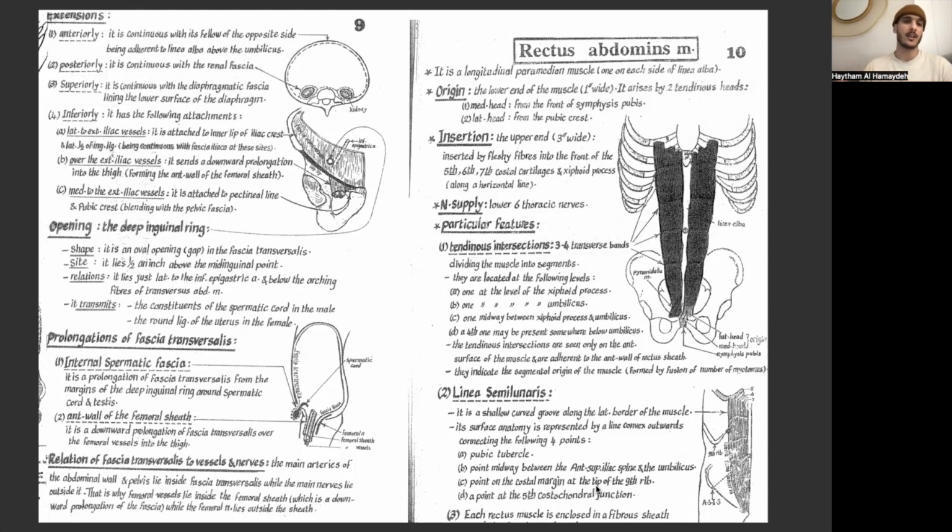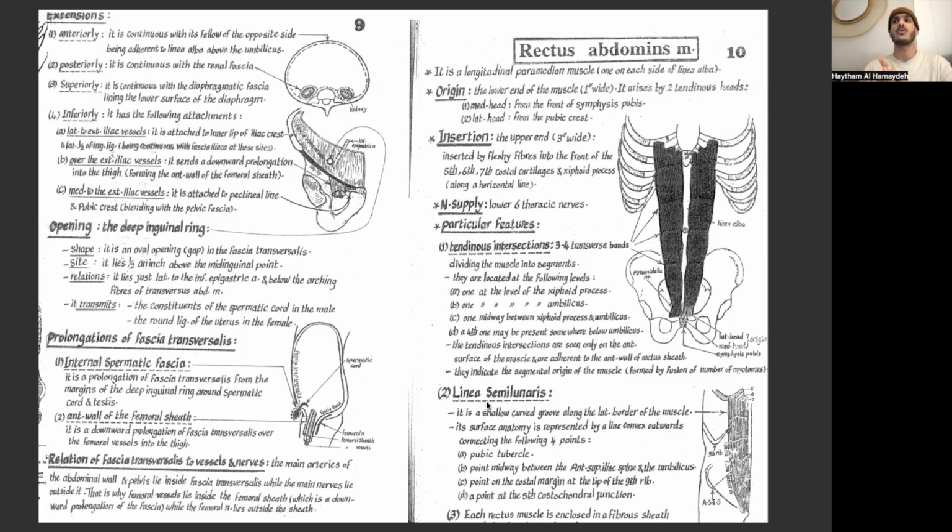I really did forget it, but it's an interesting structure, and so it's good to know the muscles externally to internally, and then also the fascias that are present externally to internally.